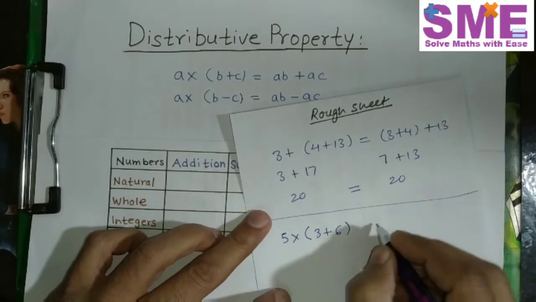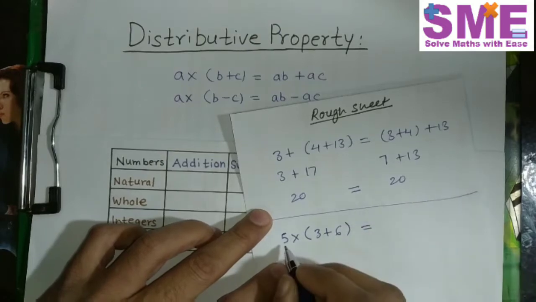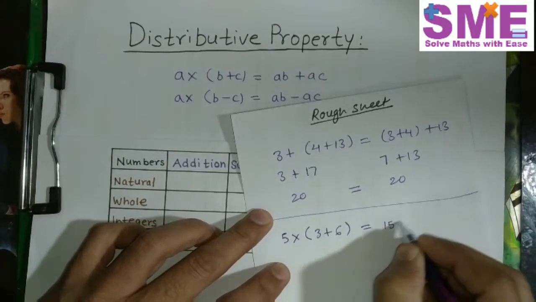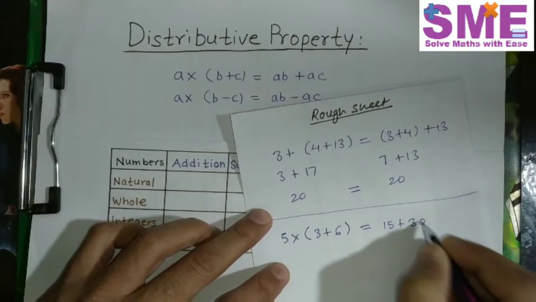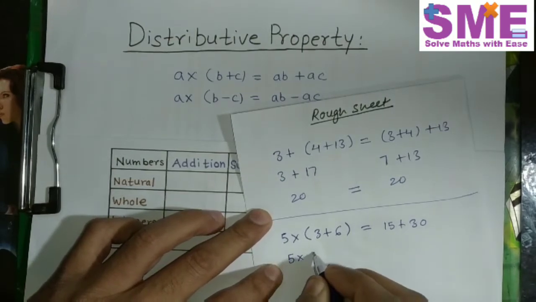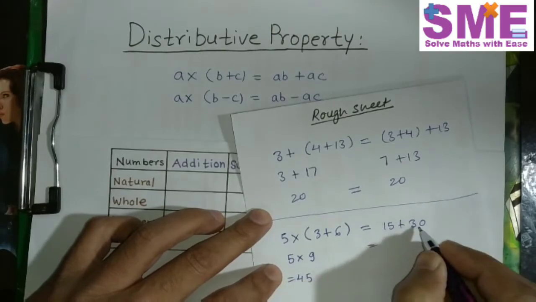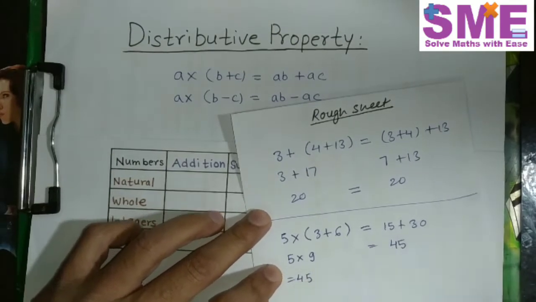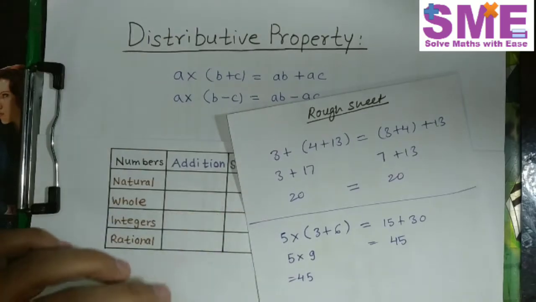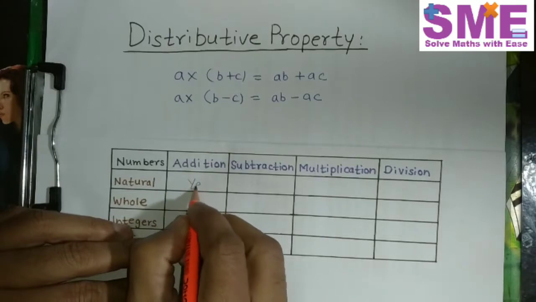So we can say 5 × 3 is 15 plus 5 × 6 is 30, and here 3 + 6 is 9, so it is 45. So here it comes out 15 + 30 is 45. So yes, for natural numbers the distributive property holds true, so we can say yes.